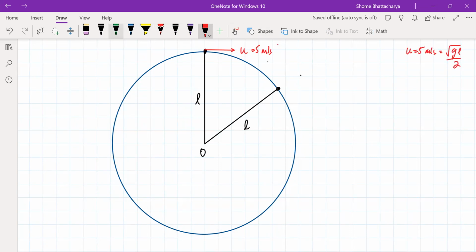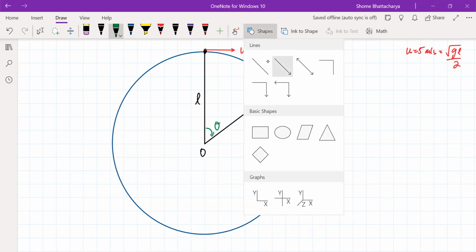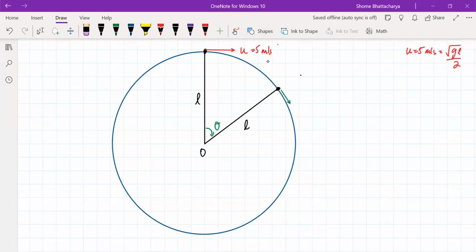So now let us say at some angular displacement theta, the instantaneous speed has become V. So V is equal to square root of U square plus 2GH, where this H will be L, 1 minus cos theta.